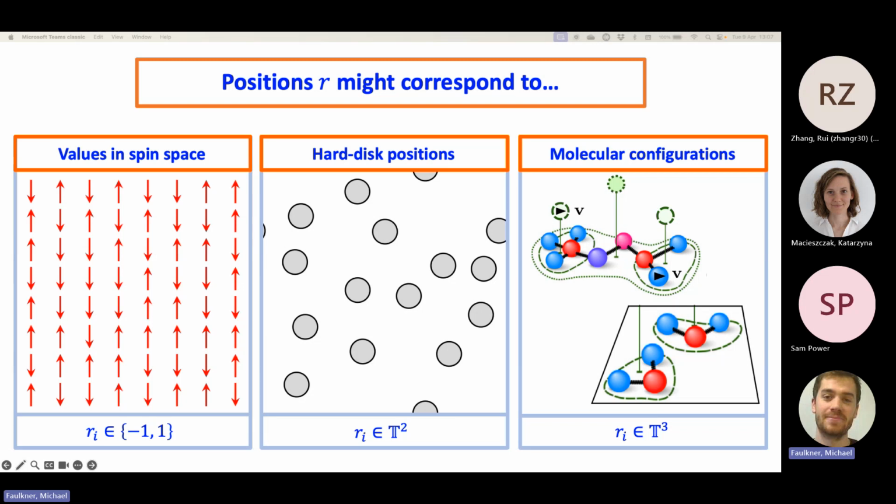Okay. So the positions R might correspond to multiple different things depending on the model that you're interested in. You might all be familiar with the 2D Ising model. I'm guessing most people here know it. No? Okay, some people. I'll talk about it throughout the rest of the talk. But the 2D Ising model looks like this.